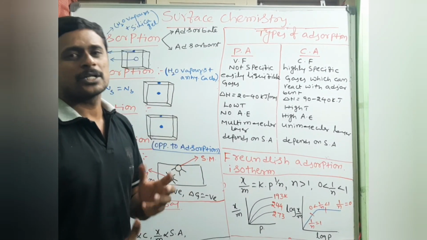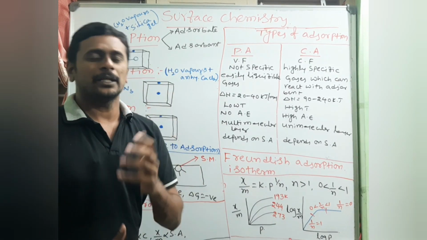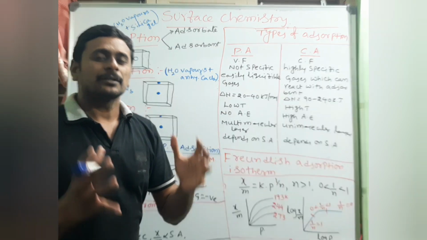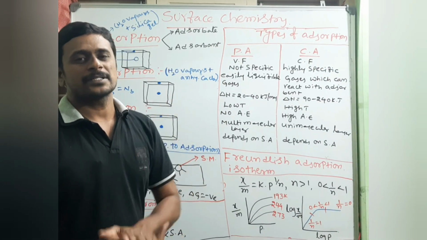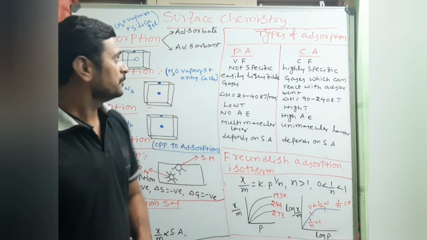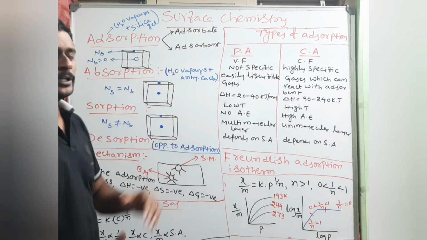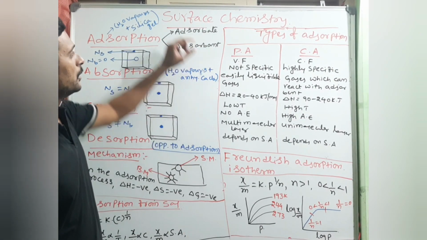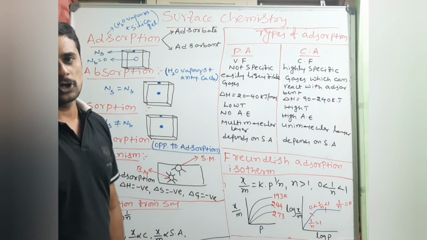In the adsorption process, gaseous or liquid molecules are concentrated or accumulated over the surface of a solid material. We have two important components: the first is adsorbate and the second is adsorbent.